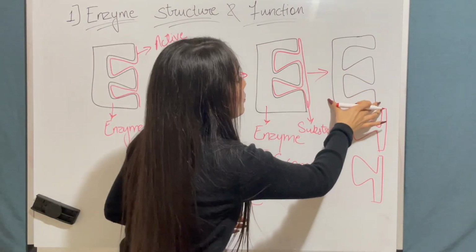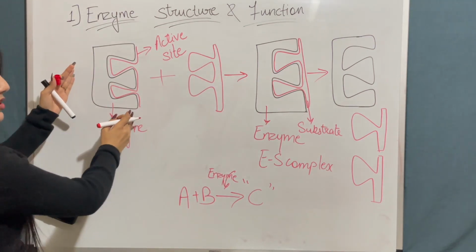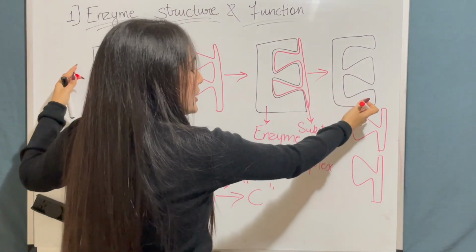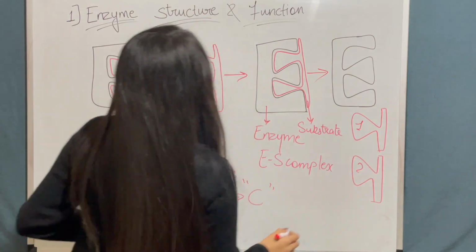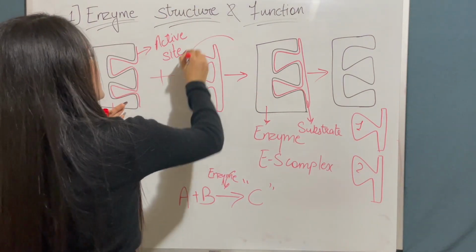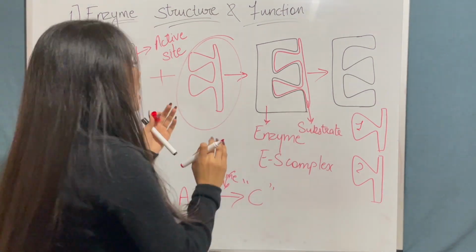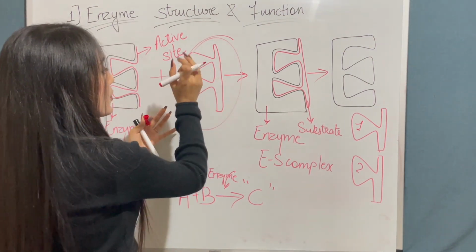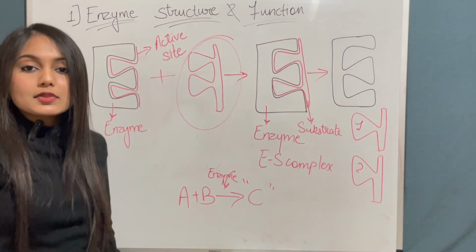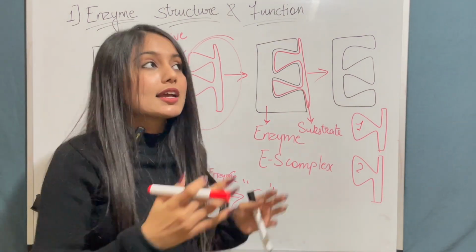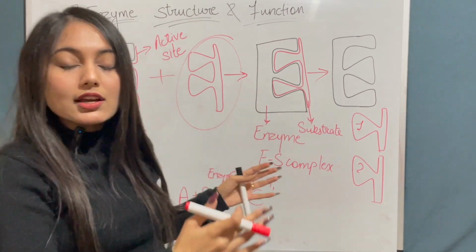This is the enzyme in the very same shape as it was in the beginning. The enzyme is free now and we have got different products, 1 and 2. Earlier it was a whole single substrate. Now this substrate has divided or broken up into 2 parts and this is our product. So from this, can we say that the enzyme is not being used up in the reaction?